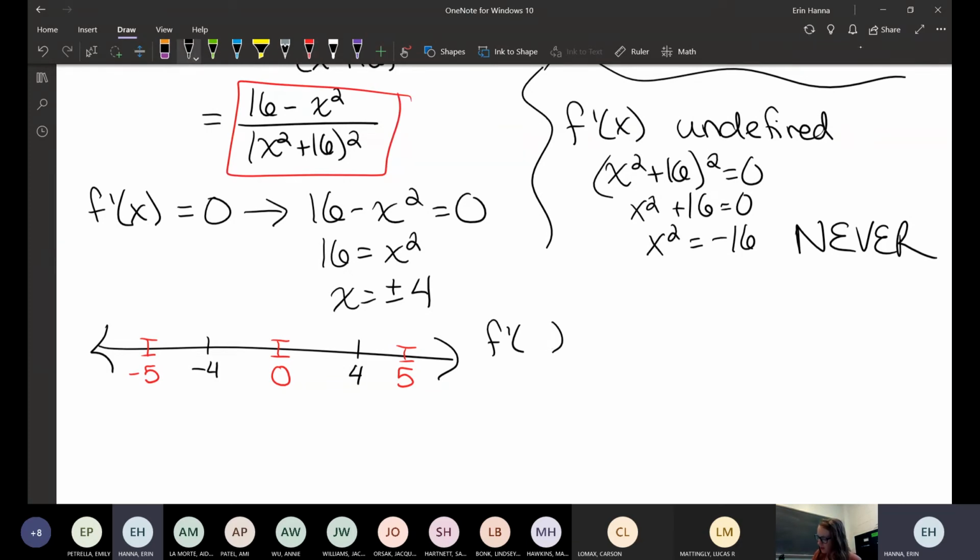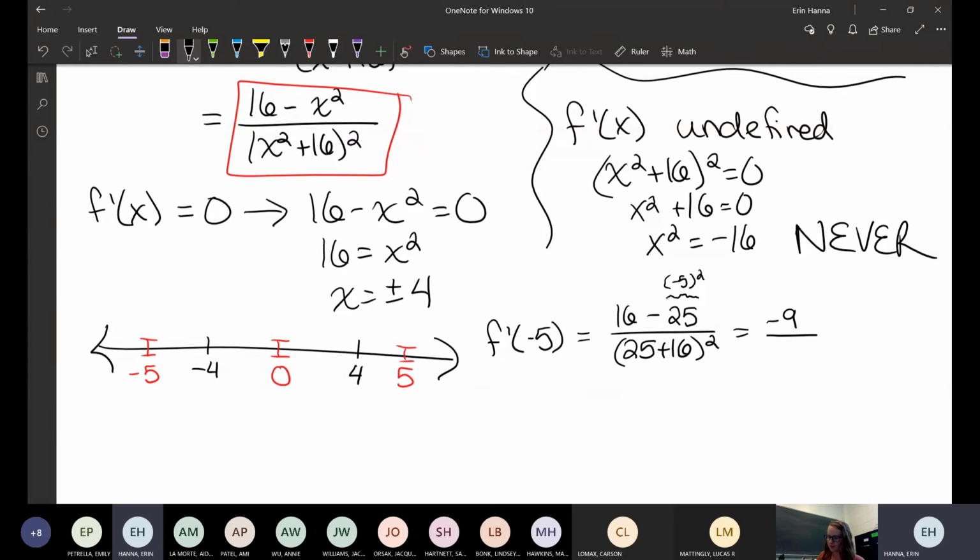So if I plug in, let's start with negative 5. We'll get 16 minus 25, because negative 5 squared is 25, all over 25 plus 16 all squared. 16 minus 25 will give us negative 9 over some positive number.